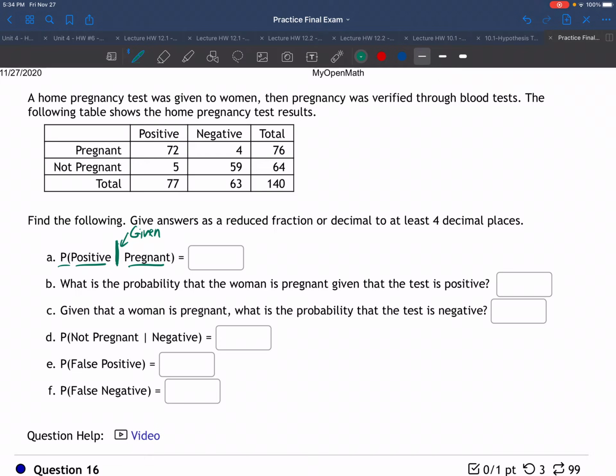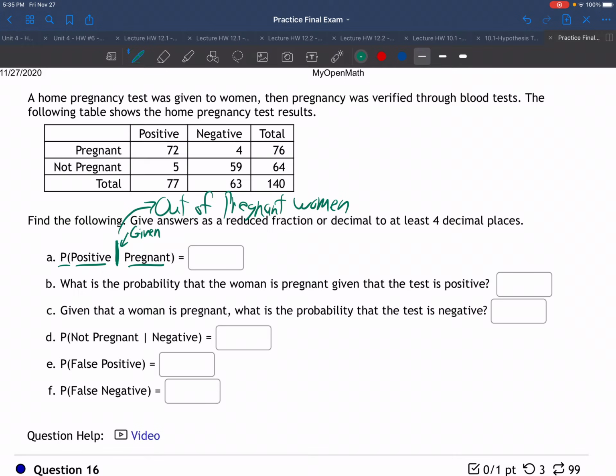So what comes after the line, given? That'd be like if I said to you, hey, I grabbed a woman at random out of the pregnant women. Why am I saying out of?